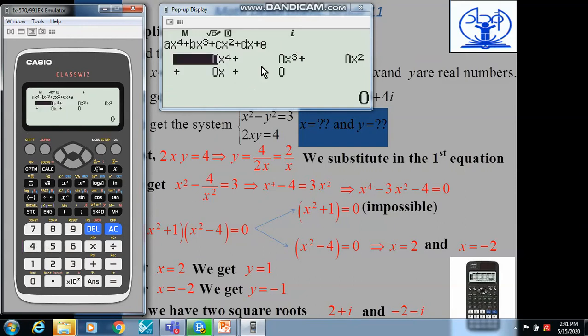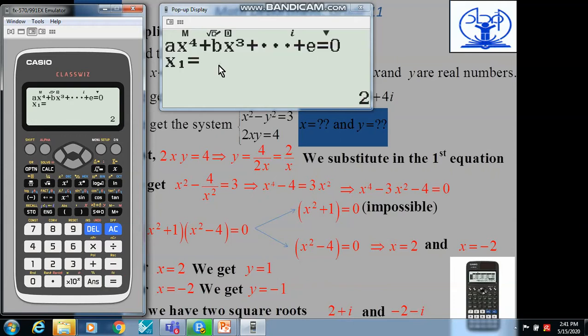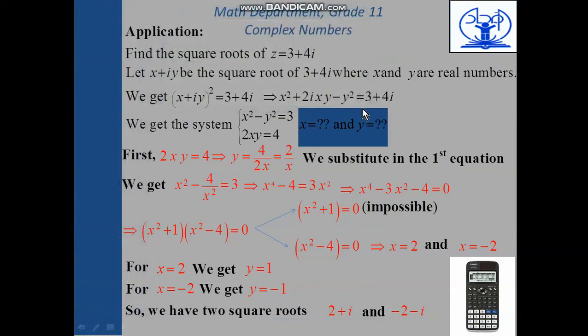Now the coefficient of x to the 4 is 1, coefficient of x cubed is 0, of x squared minus 3, of x 0, and the constant is minus 4. So now x1 equal 2, x2 equal minus 2. The third one and the fourth one are complex numbers. We don't take them because x and y are real numbers.